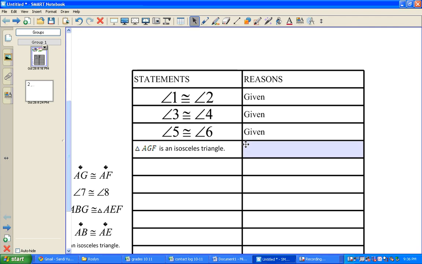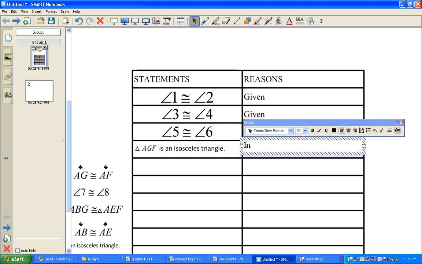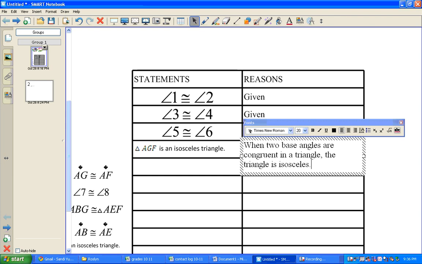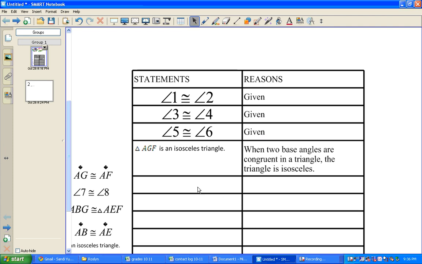Now, how are we going to write it? When two base angles are congruent in a triangle, the triangle is isosceles. Now let us move on.